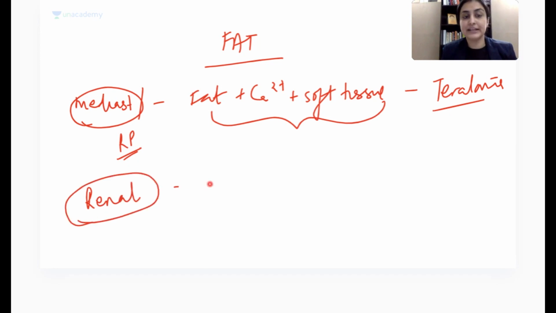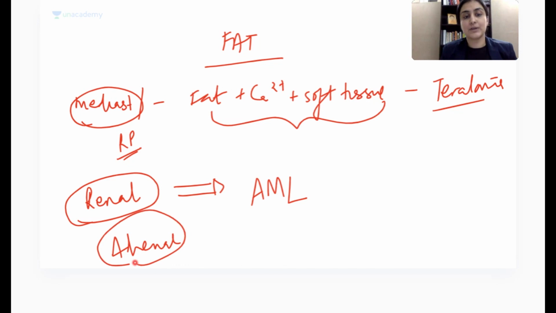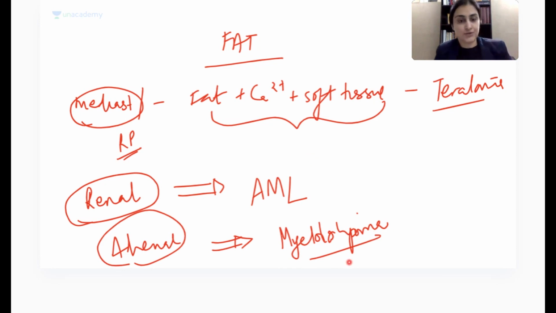If I have a fat-containing renal mass, what are you going to think? Angiomyolipoma. If I have a fat-containing adrenal mass, what are you going to tell me now? Today you have learned a new thing. Yes, myeloid cells. Now you will see myeloid cells basically here. So this is a myelolipoma. All right, so these are the three things we have learned so far.